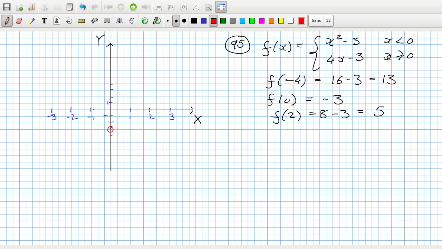At minus 1, you'll get minus 2. Okay, so maybe that scale's a bit too small. 1, 2, 3, 4, minus 1, minus 2, minus 3, minus 4. Okay. At 0, we'll get minus 3, but not quite actually. And then at minus 1, we'll get minus 2. Then at minus 2, we'll get 1. Then at minus 3, we'll get 6. So that'll be way up there.